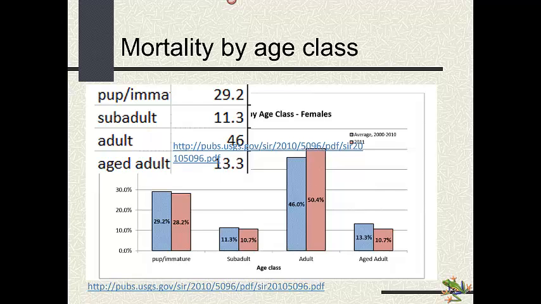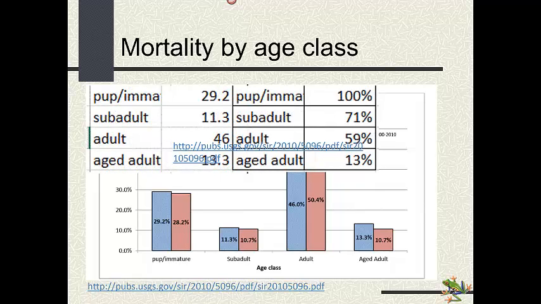So I can graph this in this way, or I can graph it in a curve. Again, here you can see the 100% minus the 29 gives you 71% in the next age class.